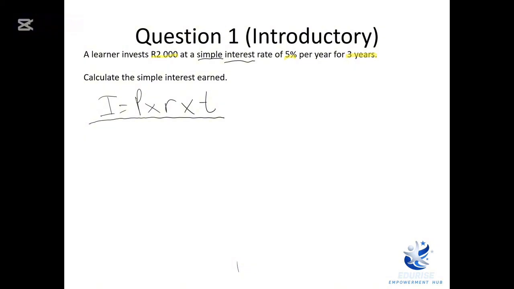In this case, the principal amount is 2,000 rands. We multiply it by the interest rate of 5%, multiplied by the 3 years. If you punch 2,000 multiplied by 5% multiplied by 3 into the calculator, it should give us 300 rands.